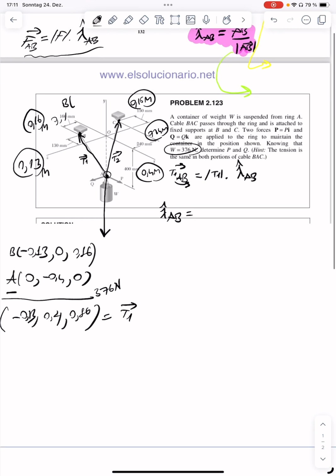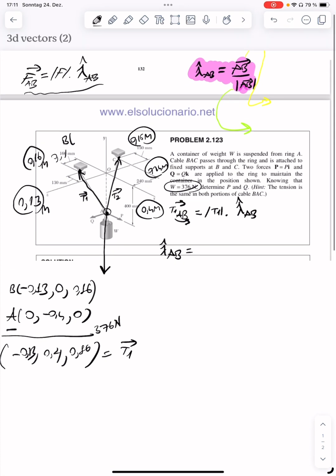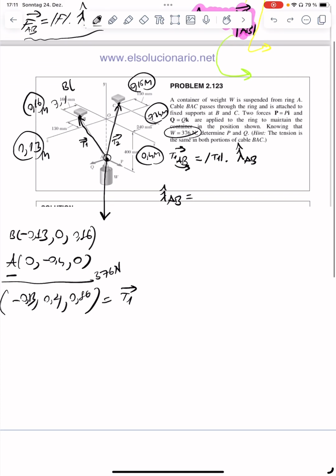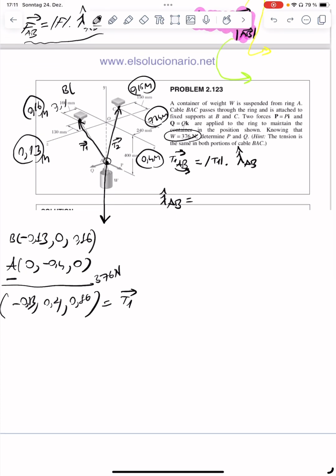So we must determine the distance AB, and we can see the formula. It's easy to solve the problem, but we must determine the distance. How can we find it?